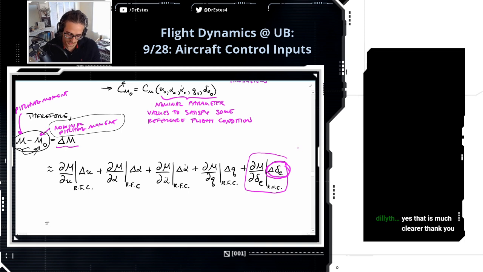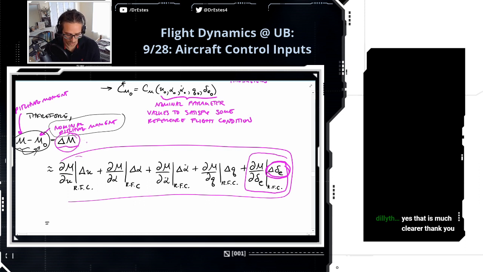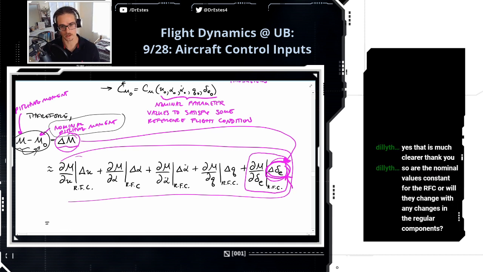So this equation here shows how this perturbation ultimately ties back to the elevator deflection, among other things. We're starting to expose these control variables so that I can plug in something here.